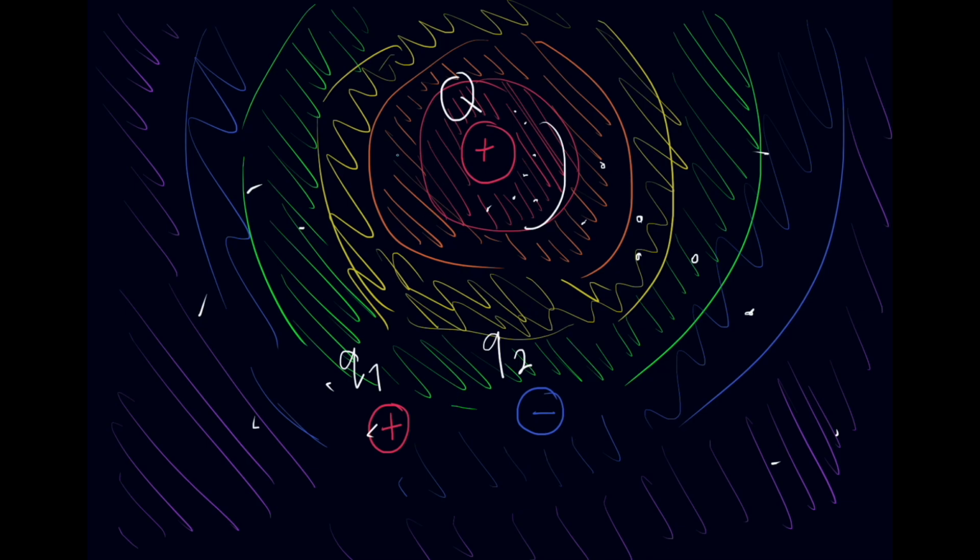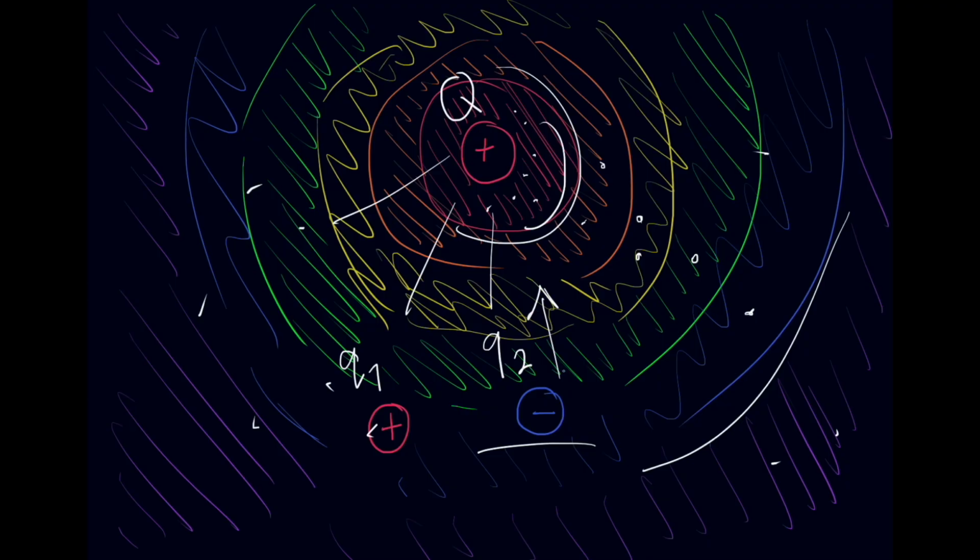We have a charge, q, that is producing an electric field, and this field is stronger near q and weaker further away. The electric field describes what kind of force you will feel at any point in the space. However, the force that you do end up feeling also depends on your own magnitude. Since q2 is negative, it feels an attractive force, but this force would be much stronger if q was much stronger, and it would be weaker if q was a weaker charge.